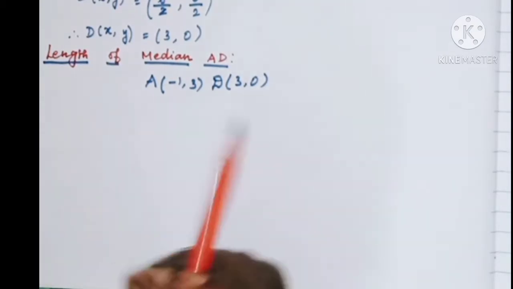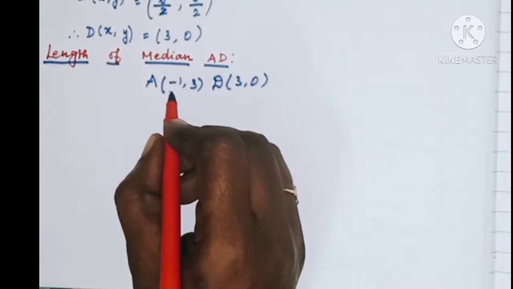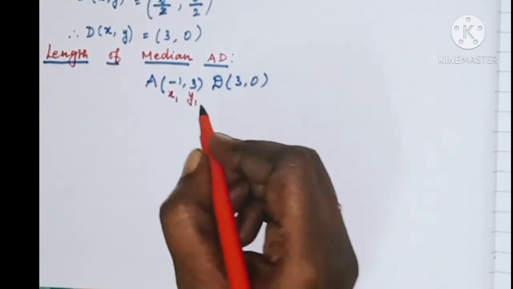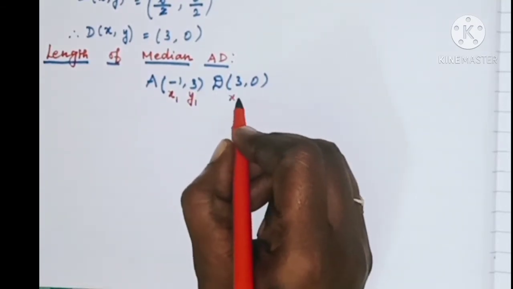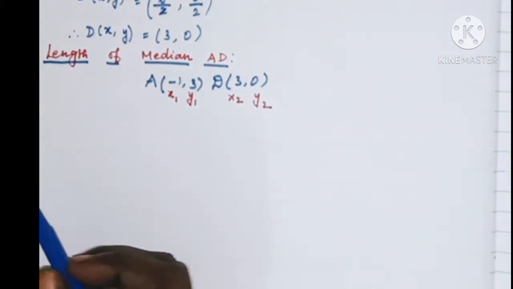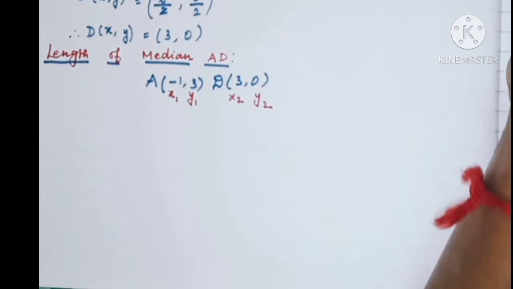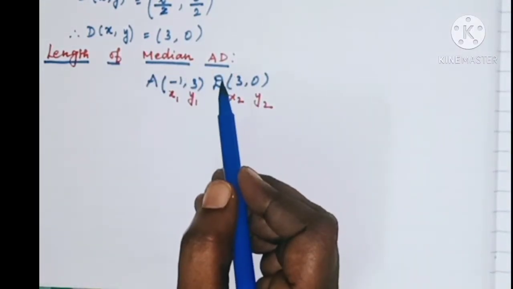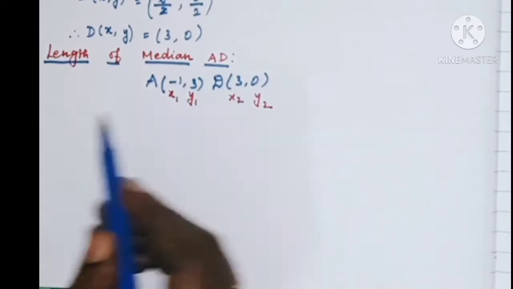Take A coordinates as x1, y1 and D coordinates as x2, y2. The length of the median AD means we have to find the distance between these two points.